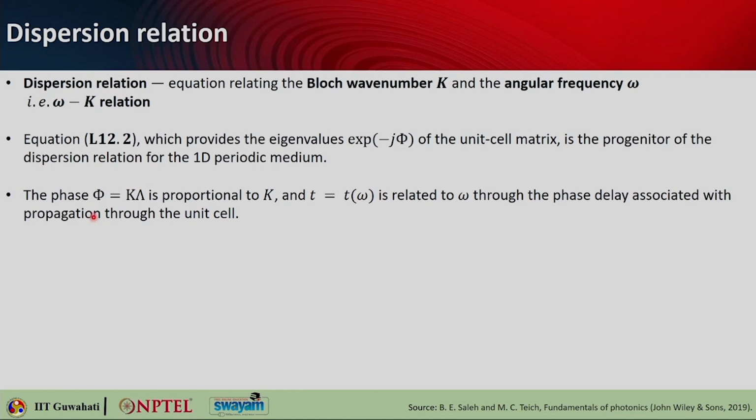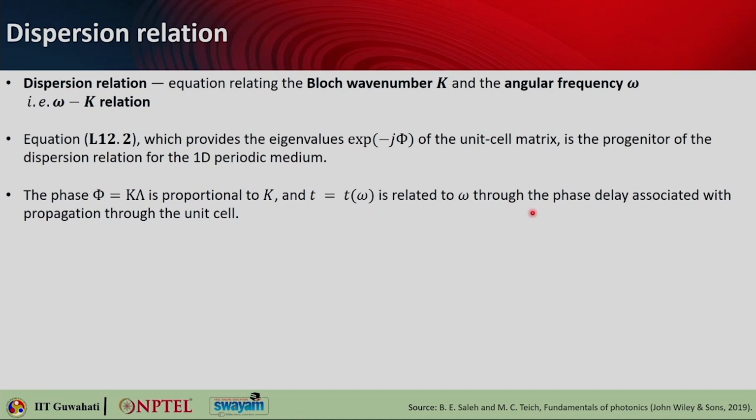So, how does it work? We already know that phi, that is the phase, can be given as capital K, that is the Bloch wave number, times the period. So, the phase phi is basically proportional to K, and T, the transmission, is also associated with frequency. At different wavelength or frequency, you will have different transmission. So, T can be written as T of omega, right.